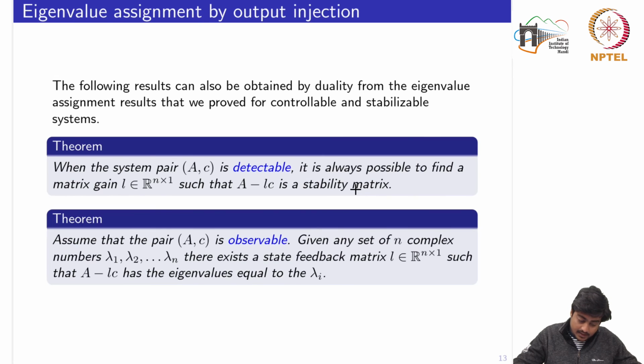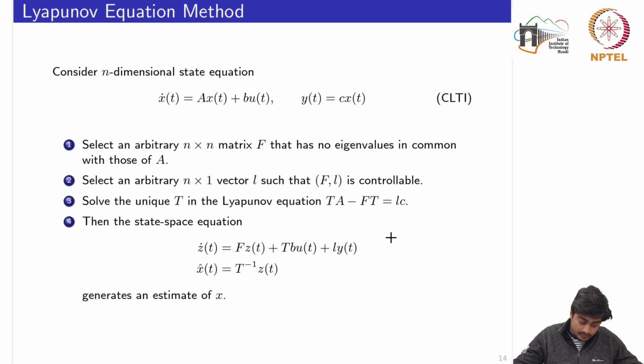And we had discussed the method of computing this, where we assigned the eigenvalues. You can see that method for computing this vector L is similar to when we designed the state feedback vector. The second method, if you recall, is the Lyapunov equation method.